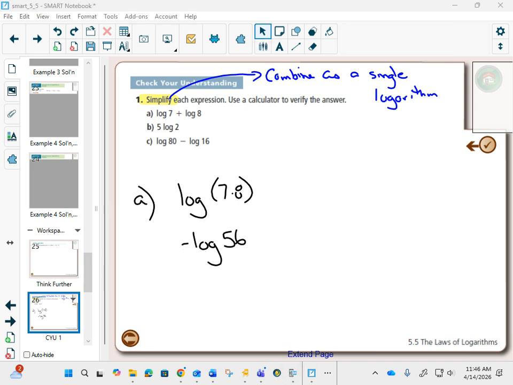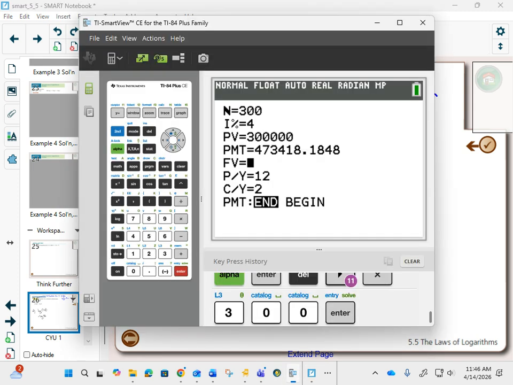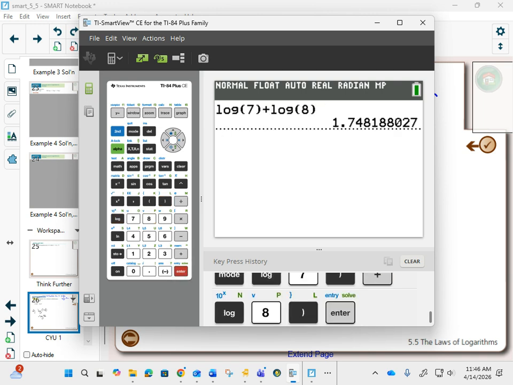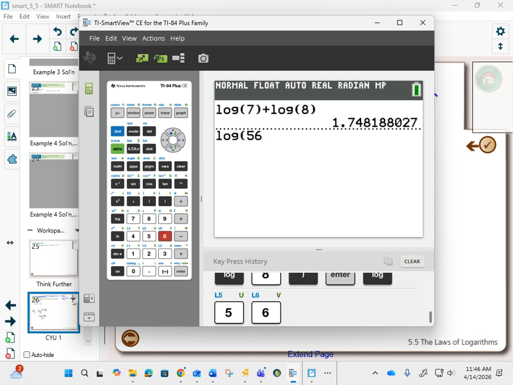Are these the same? We'll take out our calculator and check log 7 plus log 8, enter, and log of 56. Perfect. They are identical.